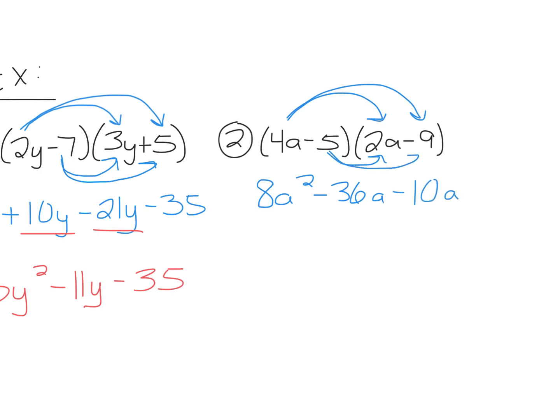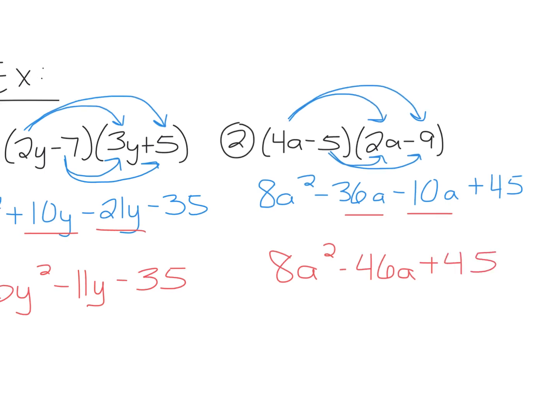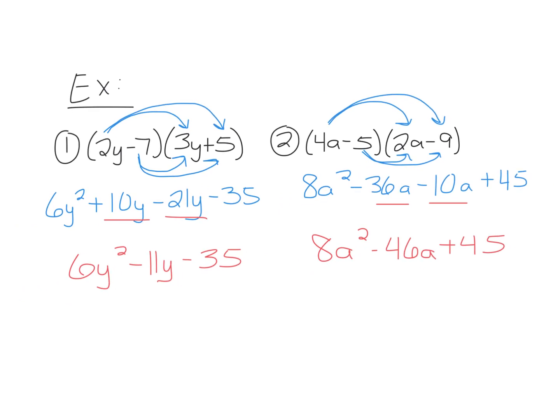Last, we get negative 5 times negative 9, which is a positive 45. And then last step. Yep. So we get 8a squared minus 46a plus 45. Remember, always have your answers written in simplified standard form. Okay. Any questions over FOIL and distributive property before we move on? We good? Okay.